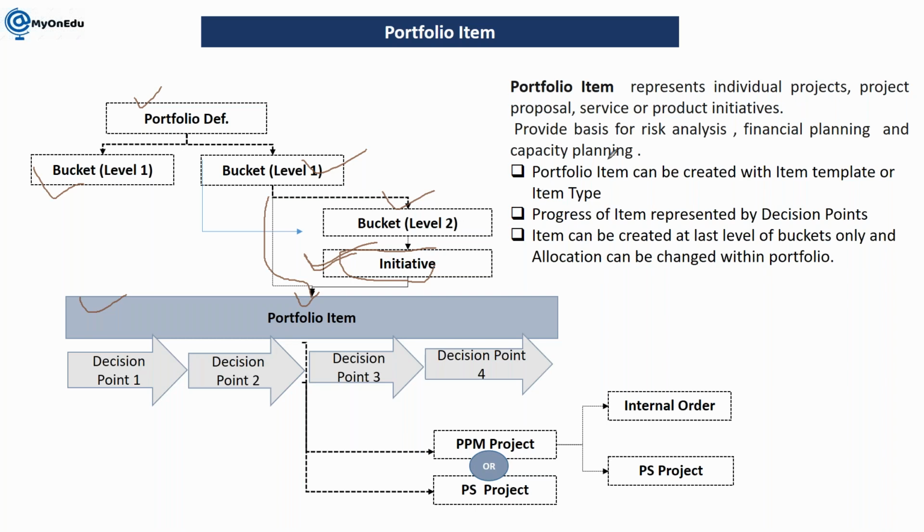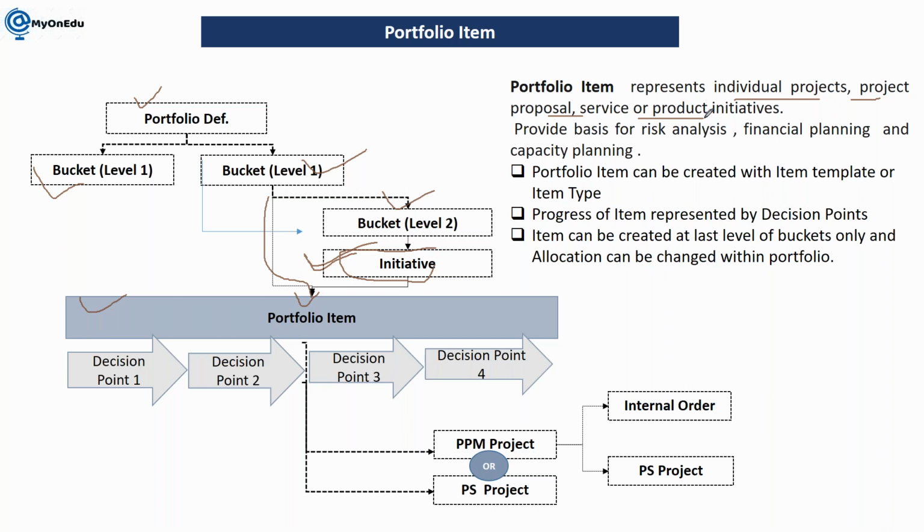Here the portfolio item represents individual projects, project proposals, services, or product initiatives. Whenever you need to submit any proposal, you can create an item. Whenever your project is already approved and you don't want to go through the proposal stage, you can directly create it as an item, as a project. Let's say you are an event management company and your job is to manage event projects.